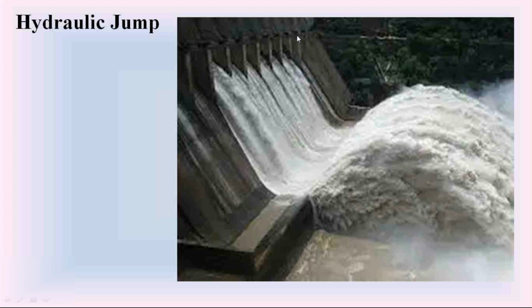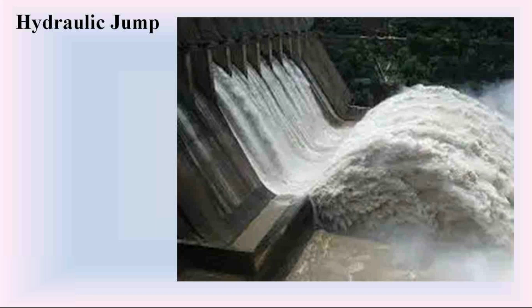We know that civil engineers construct this dam across the river to store the water. On the upstream side of the dam, the river water is stored for different purposes: for hydropower generation, for supplying water to irrigation, for supplying drinking water.